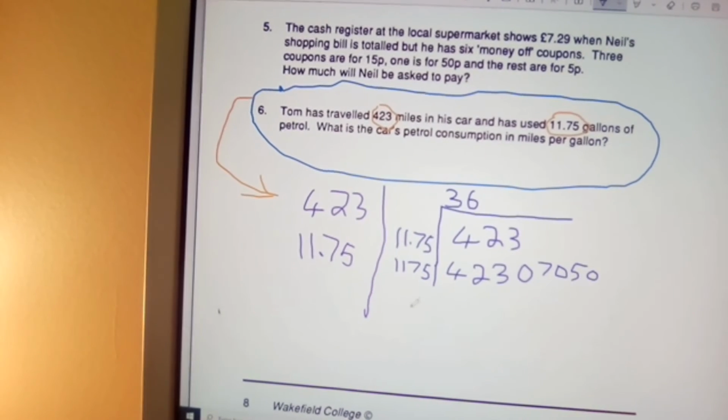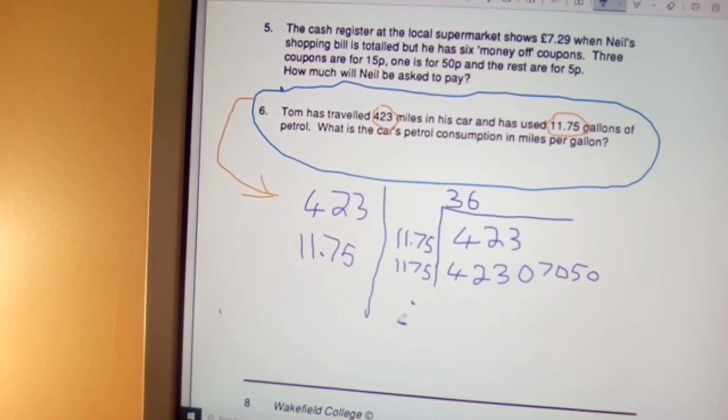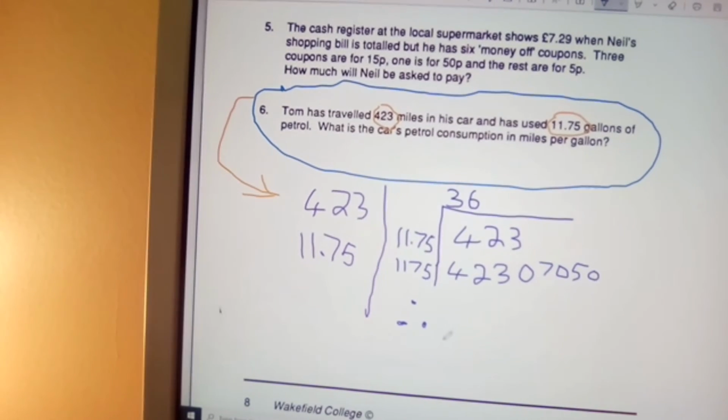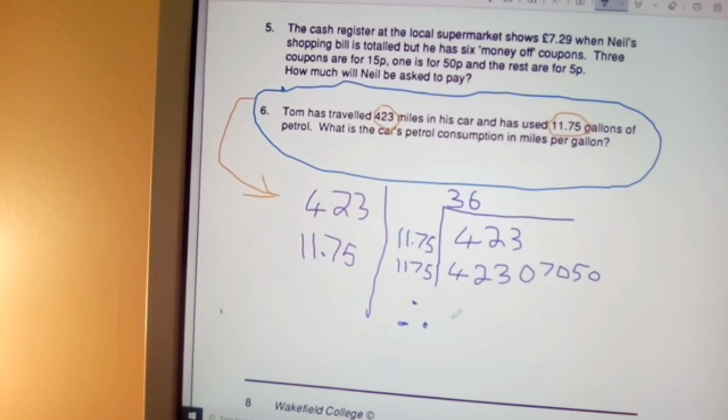Therefore, and please note this symbol means therefore, that symbol means therefore in mathematics. Therefore, that is equal to 36 miles per gallon.